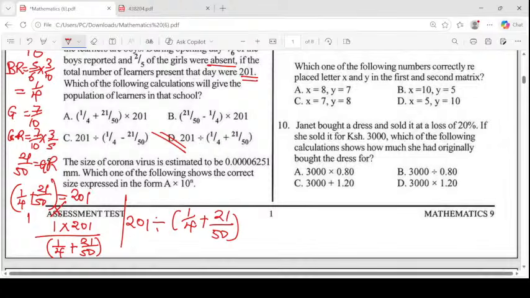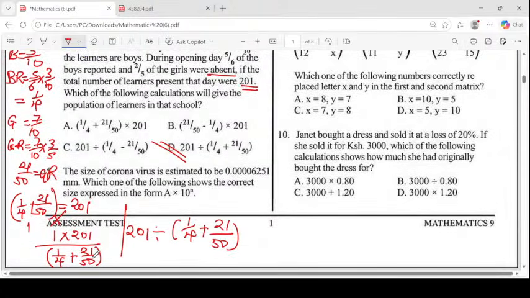Let us look at the next case. That is question number 5. The size of coronavirus is estimated as 0.0000621 millimeters. Which of the following shows the correct size represented in the form of a times 10 power n? So a times 10 power n is what is called the standard form.